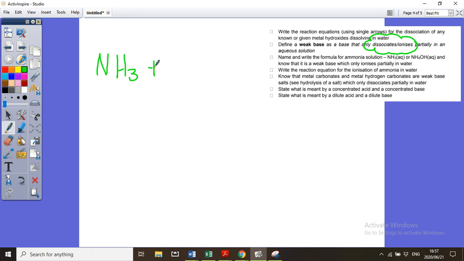So when you write out the reaction for ammonia, you have to again write plus H2O because there were no ions that can split up. And we are going to look at what the base must do. A base is a proton acceptor. So the base will accept the proton, meaning that there's now an extra hydrogen, and you know this ion is ammonium. So it's my NH4 plus ion.